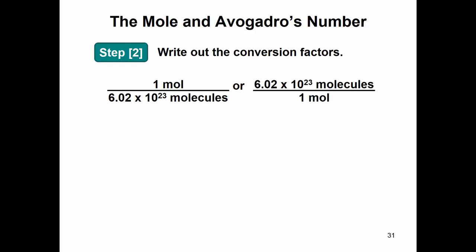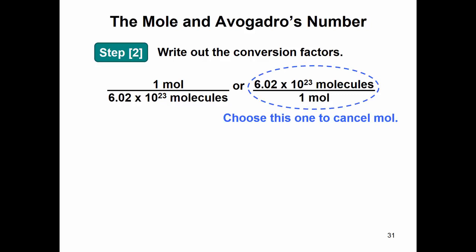Okay? So with that in mind, I look at my conversion factor. I'm trying to get to molecules and I have moles. So perfect. This is a common relationship because I have a conversion factor that has moles and molecules in it. So I'm going to choose this one. Okay?